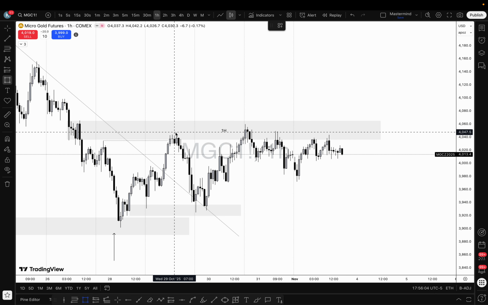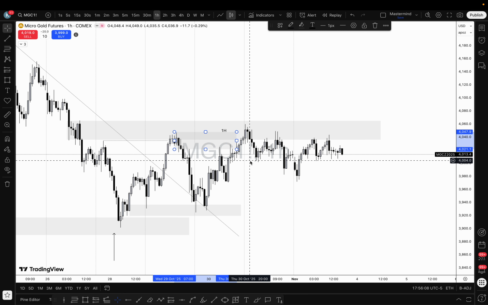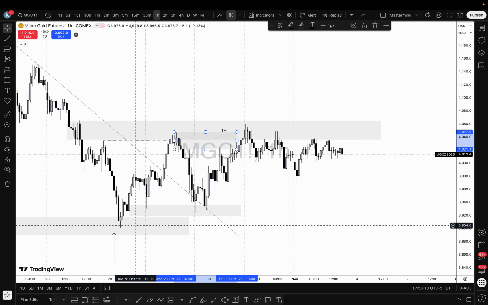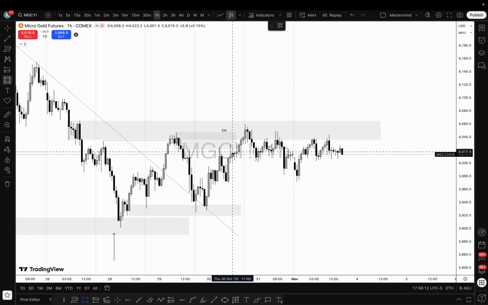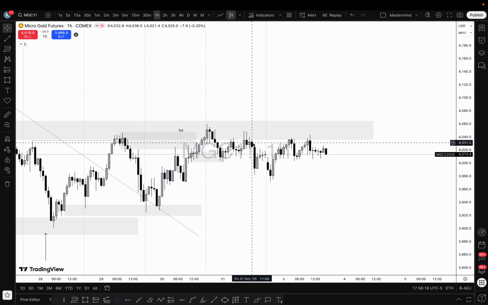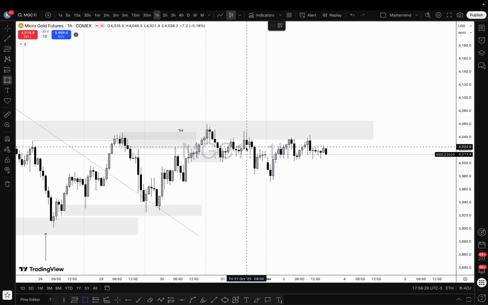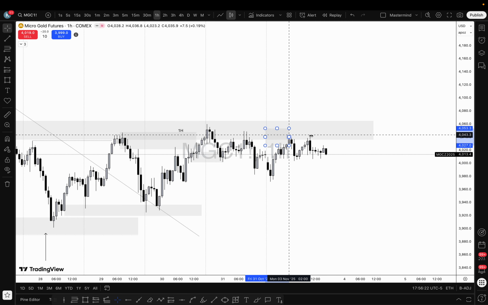We're just mapping it out, right? This would be 1 hour supply that was removed. Who removed that one? It would be this guy. Now who removed this guy would be this guy right here.